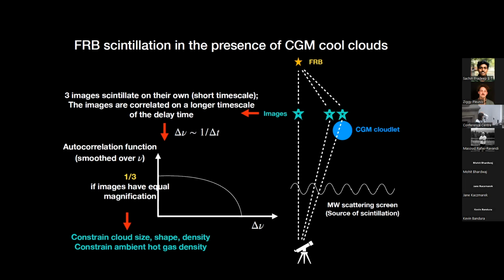I'm talking about host galaxy screens. Sorry, I'm not fully understanding the question. I was thinking, is it possible to produce scintillation with FRB host galaxy screens, for example, cataclysmic environments of the FRB, the FRB local host?